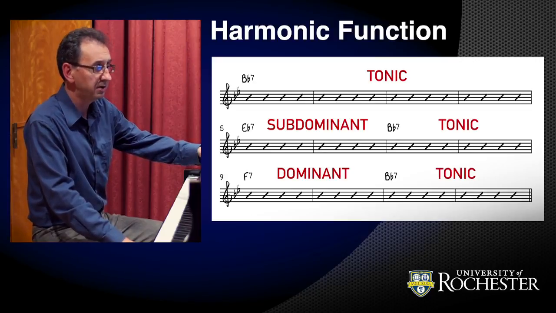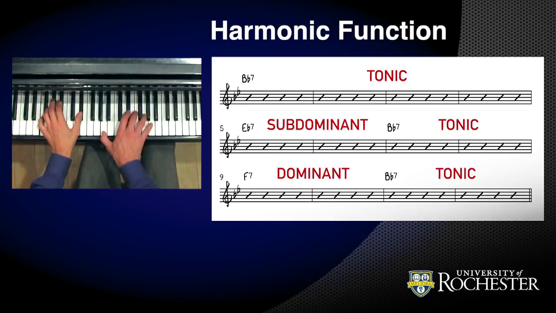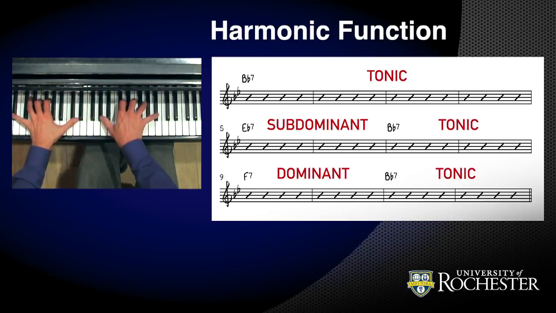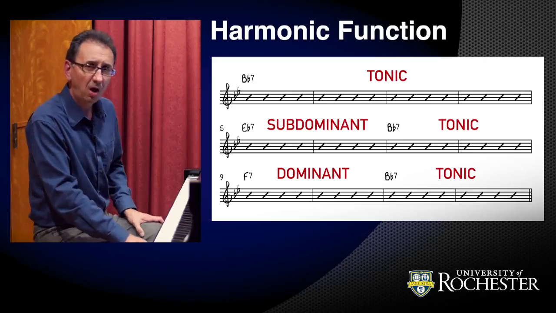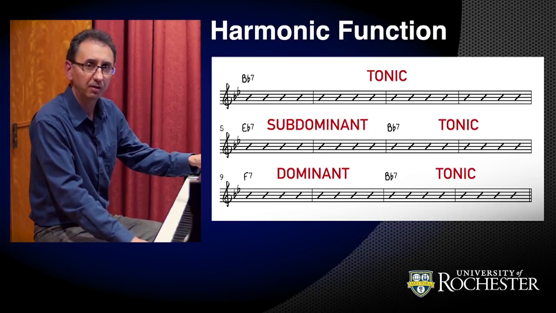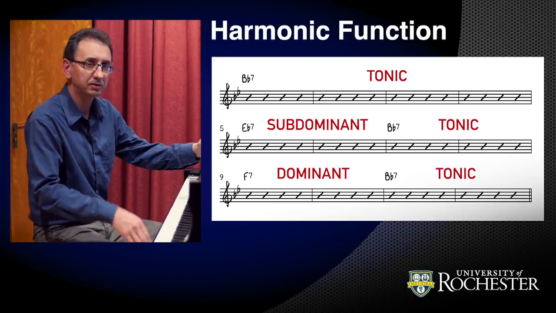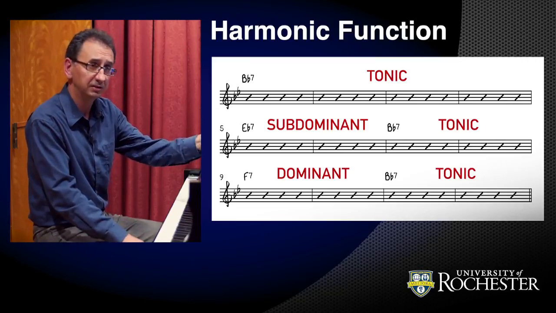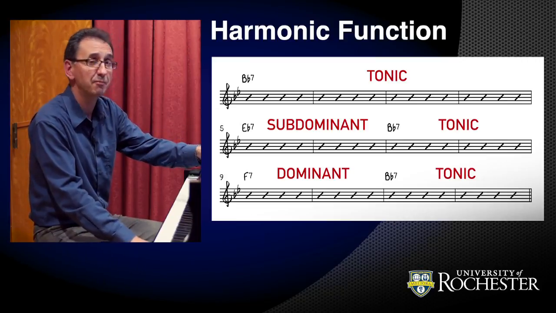So when you listen to the dominant chord in measure 9, its tendency is to resolve to the tonic. And the subdominant is somewhere in between. So we use subdominants to destabilize the tonic, move away from the tonic, and prepare the dominant.